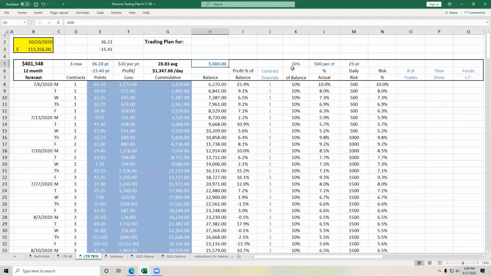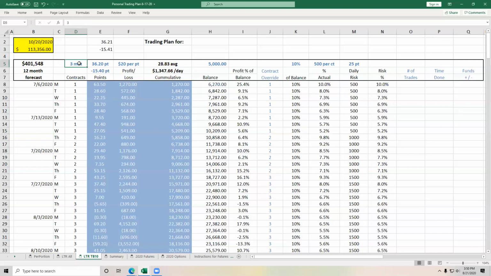So that's limiter number 1, and then you can set as a trader an ultimate limit that once you're at that 10% level, you could limit it to whatever you choose that's most comfortable for you in your own personal trading, your risk tolerance. We've built a conservative plan that limits it to 3 contracts.